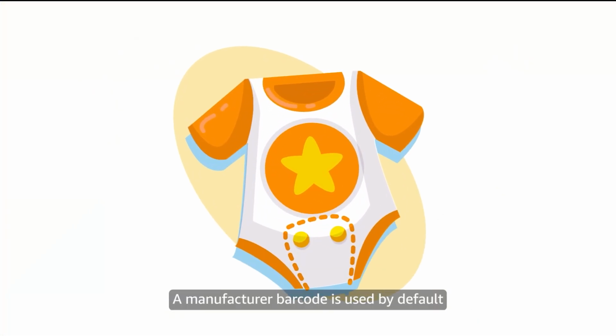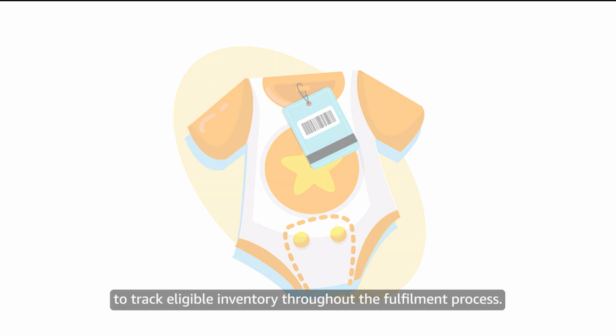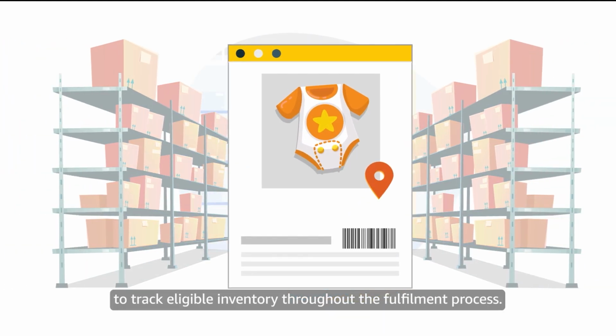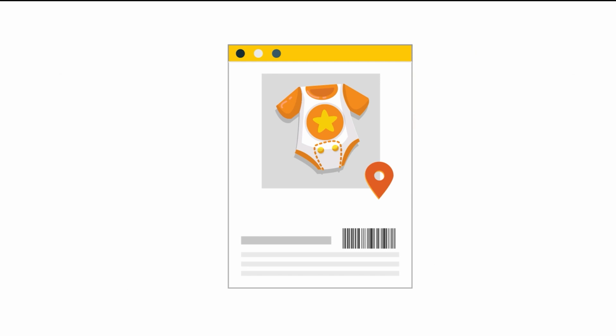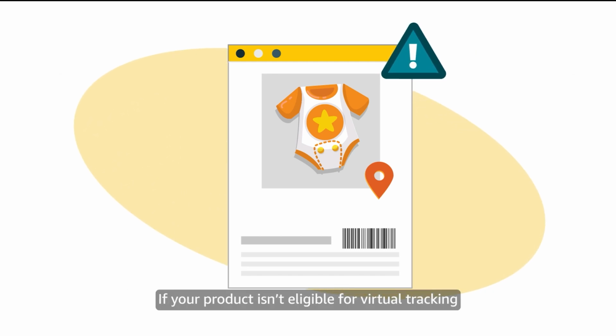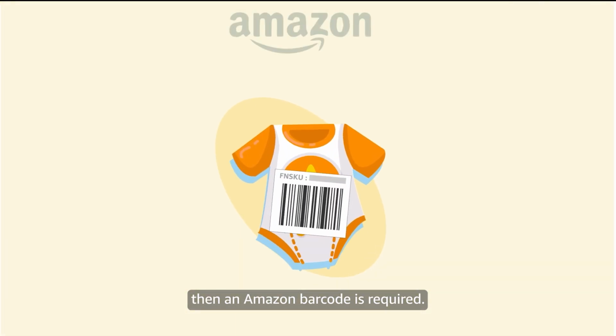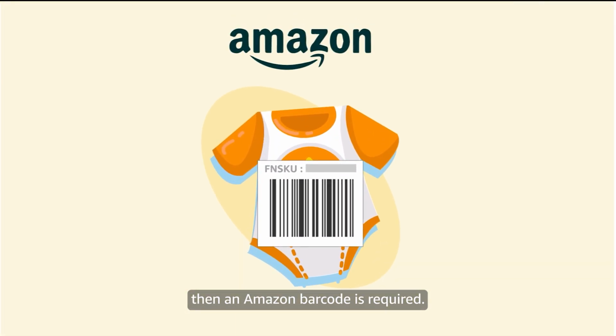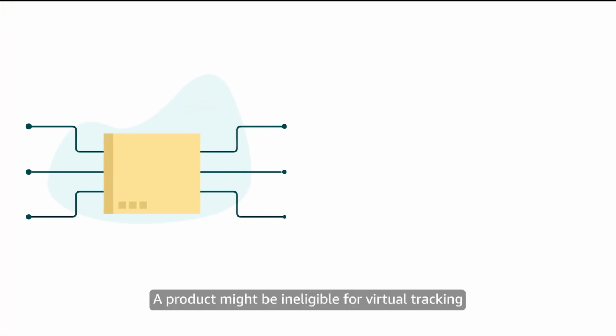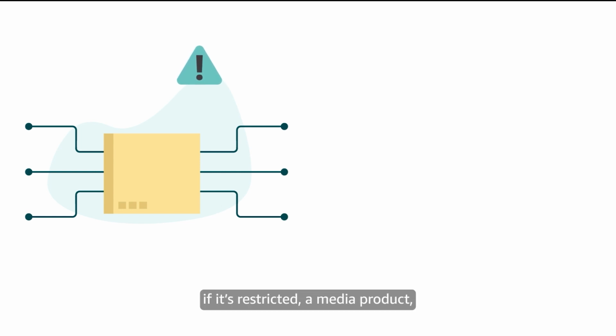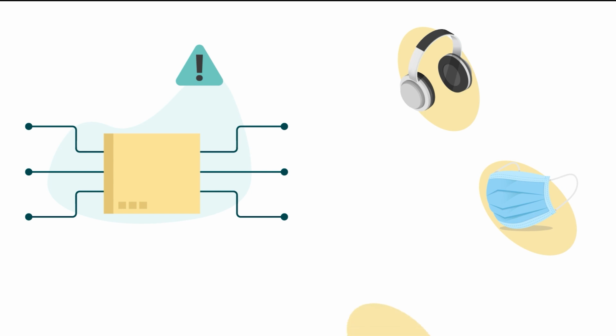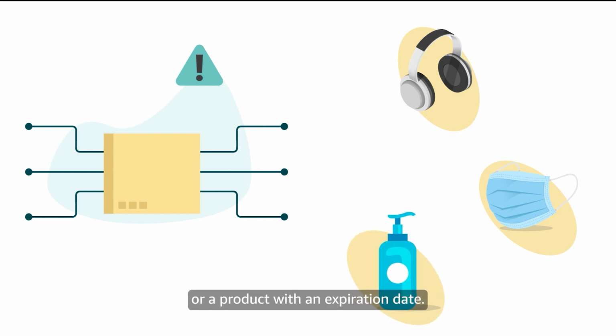A manufacturer barcode is used by default to track eligible inventory throughout the fulfillment process. If your product isn't eligible for virtual tracking with the manufacturer barcode, then an Amazon barcode is required. A product might be ineligible for virtual tracking if it's restricted, a media product, a consumable product, or a product with an expiration date.